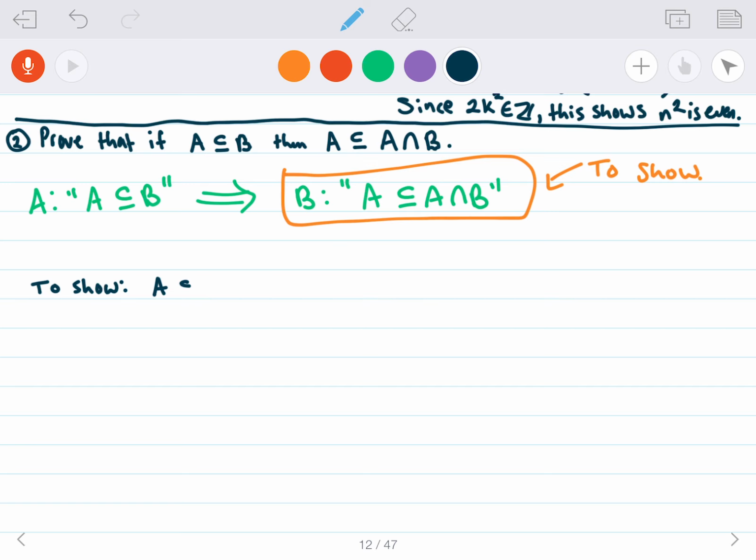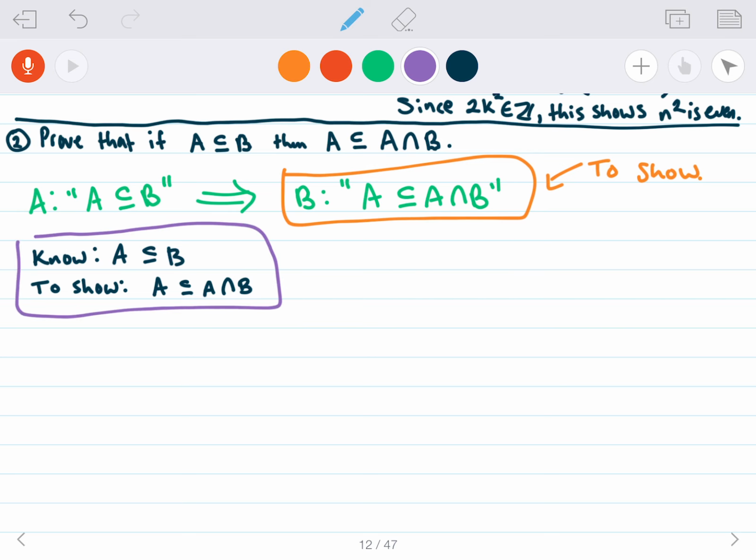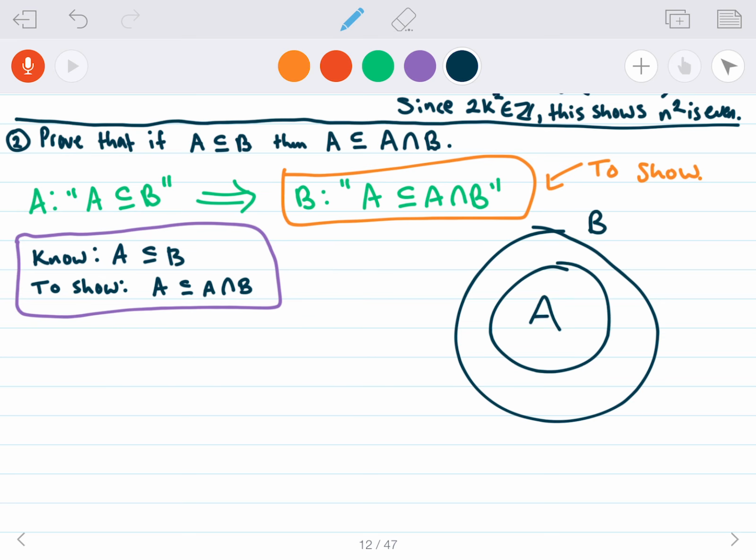A is contained in A intersect B. And we know that A is contained in B. So I like to just kind of put this off to the side. So we want to start, since this is a set proof, we want to start with the elements, okay? And I always like to draw pictures, okay? Don't be embarrassed to draw pictures. It helps, I think. So this is the situation, all right?